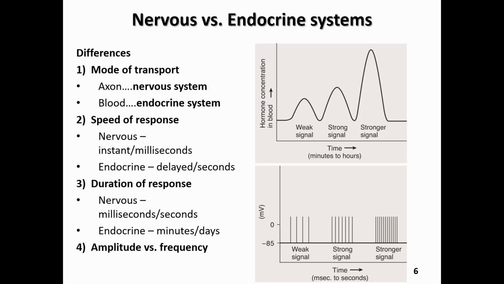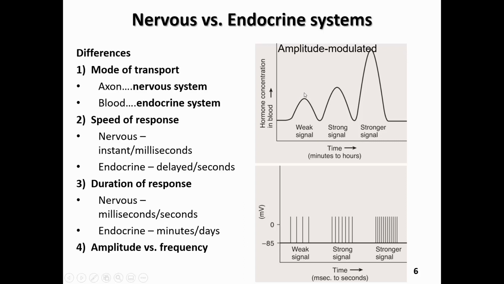And the fourth difference is what we simply summarize as amplitude or frequency modulated. On the upper right-hand portion of the slide, we see time along our x-axis in minutes to hours and hormone concentration in the blood.